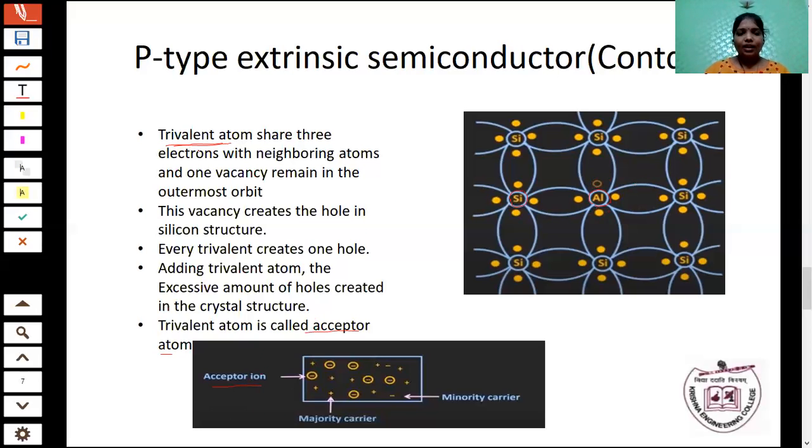Important thing: in the p-type extrinsic semiconductor, the majority carrier is the hole, and the minority carrier is the electron. This trivalent atom is called the acceptor ion. Acceptor ion means each atom creates a hole, and that hole is filled by an electron from the neighboring atoms. That's why it is called the acceptor ion.